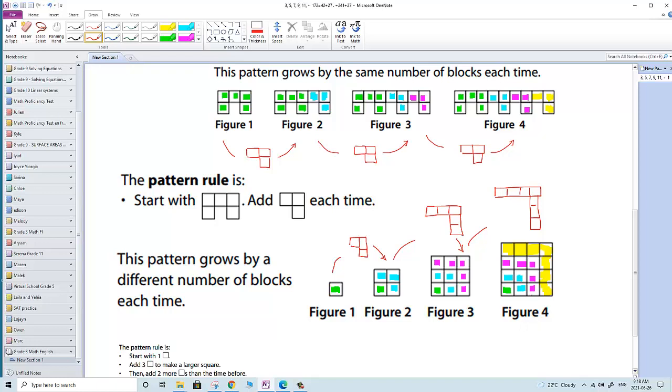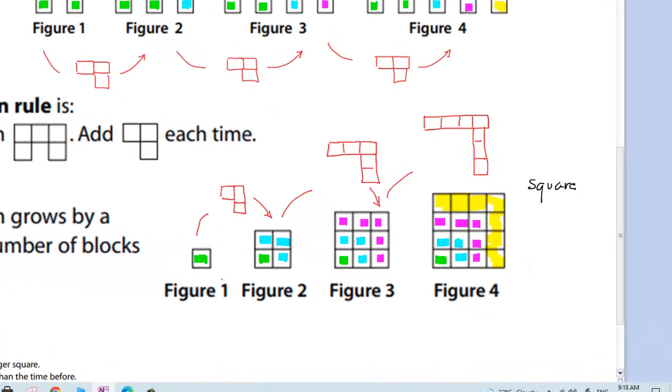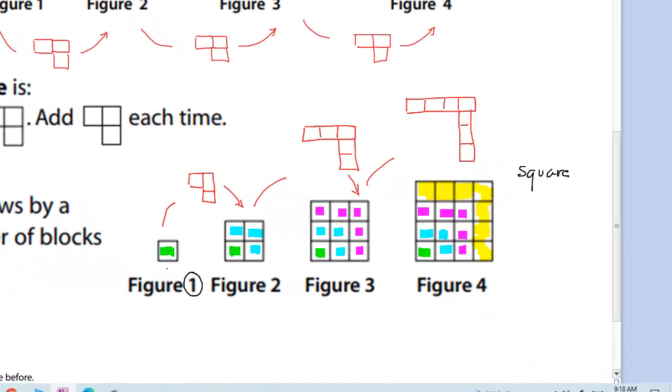You will notice something very nice. First of all, you will notice that each shape is a square. This is my first observation. Each figure is a square. Figure 1 has one column, one row.